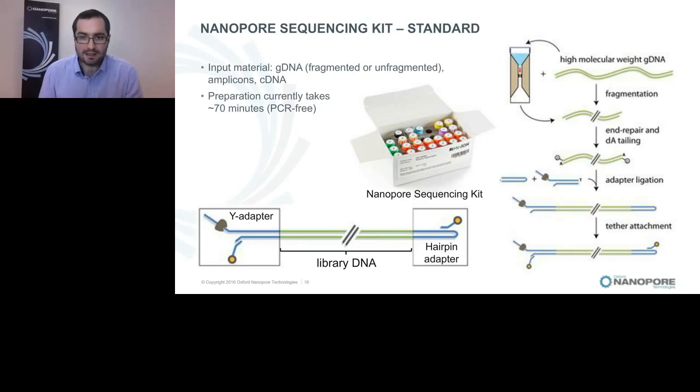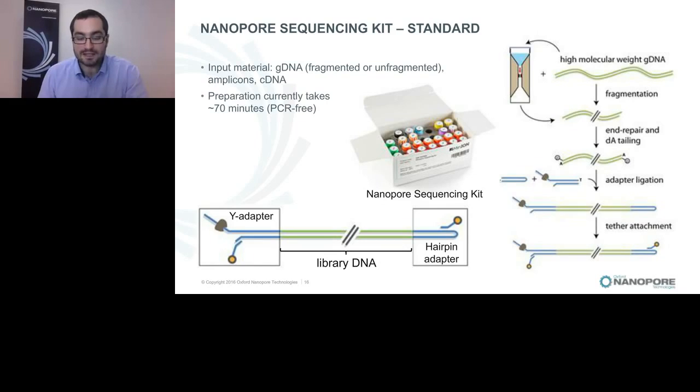The library prep is similar to other library prep protocols out there for other sequencing technologies, but 2 things to point out is that it is PCR-free. You don't need to PCR your samples, which is a laborious process, and it introduces bias, and you lose the epigenetic tags.